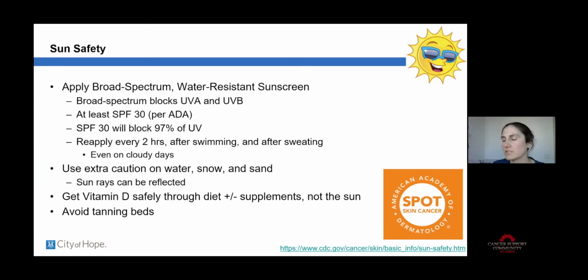For vitamin D, the American Dermatological Association recommends getting it through your diet, or you could consider supplements if you're not getting good levels, but not sunbathing for that purpose. And avoid tanning beds, because that's just additional UV exposure.